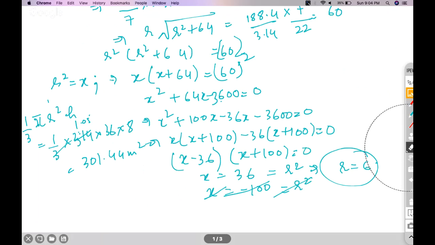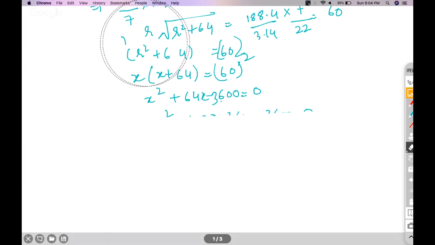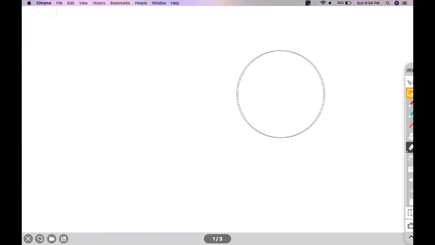So this is how you had to solve this question. Now one more question, and then I'll wrap up the session. So the question is, let me just erase it.